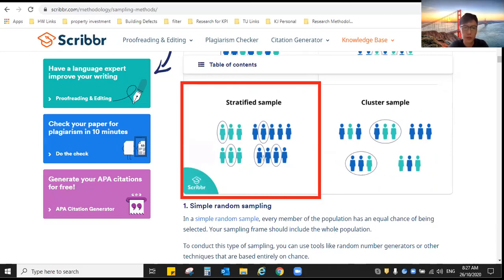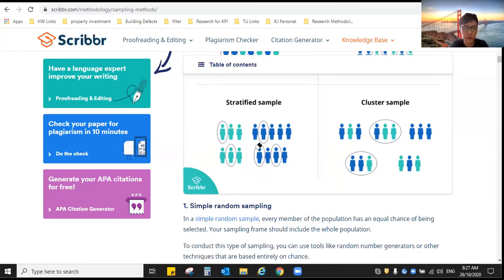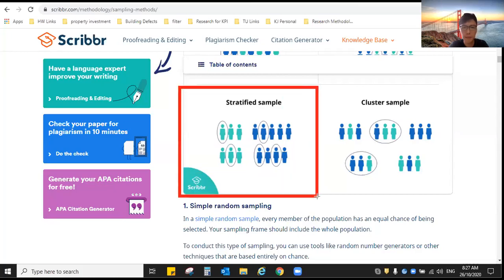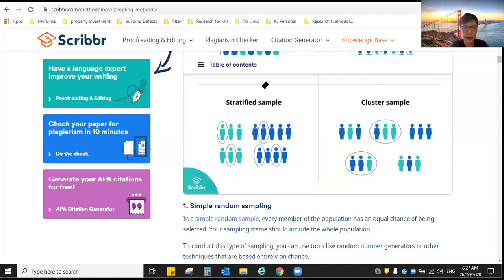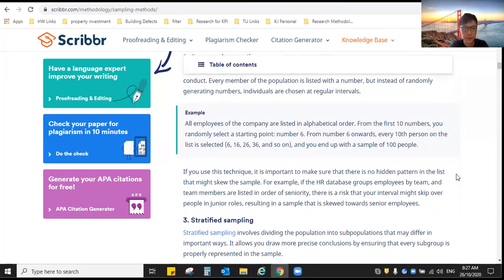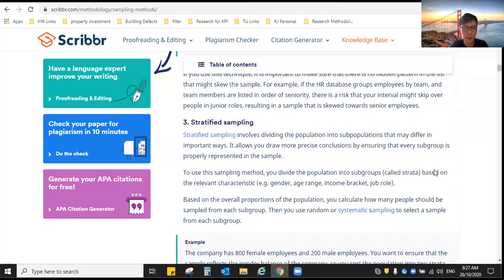As you can see, they are separating them into one group of male and one group of female. Okay, let's proceed. Go to the words. So this is stratified.